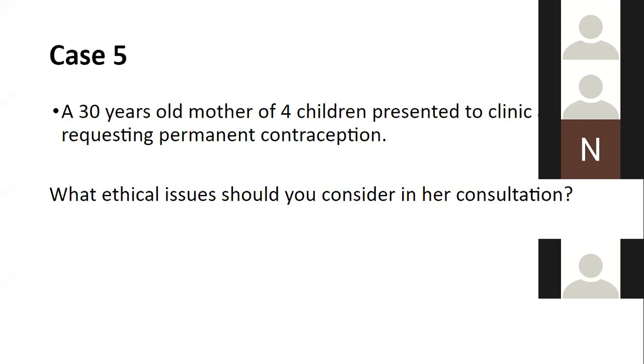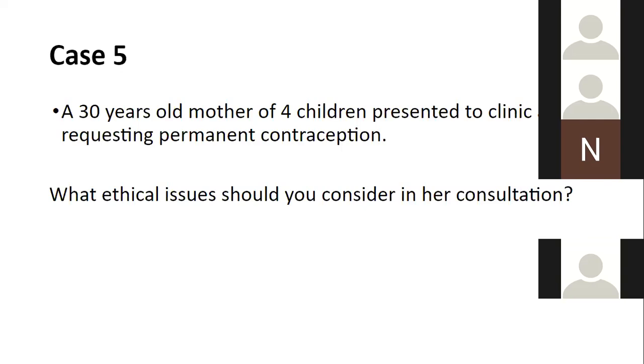And tubal ligation or tubal occlusion in women is actually carried out under general anesthesia. Tubal ligation is where you actually cut the tube or tie the tube, or different techniques are available. And now a tubal occlusion is also done, where a material is introduced into the tube which occludes the tube.